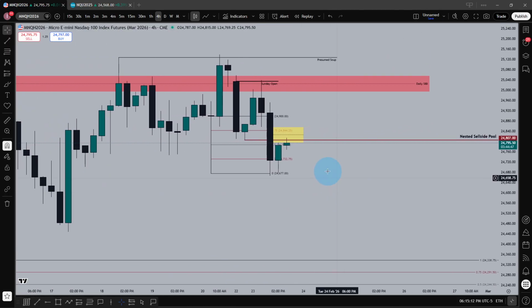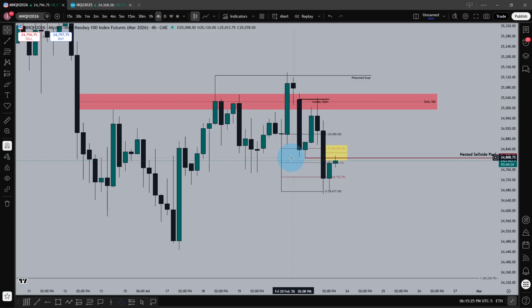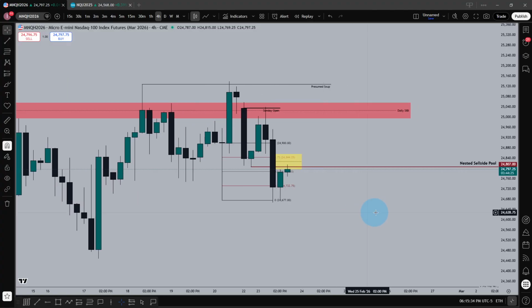Or we can see an inversion of this gap, and then that would indicate that the breaker that we created off this turtle soup here, and remember it's still a presumed soup because we didn't deliver any major sell side. A major sell side pool I would say is this.